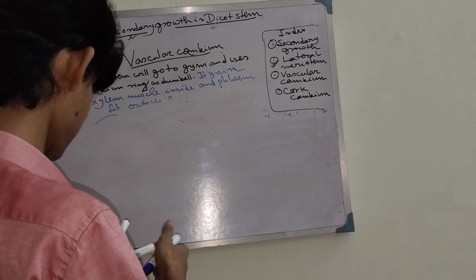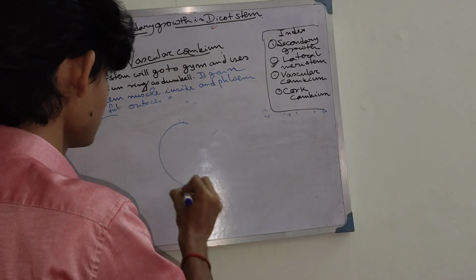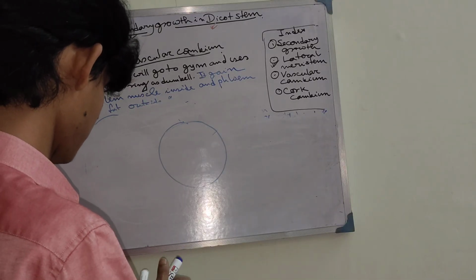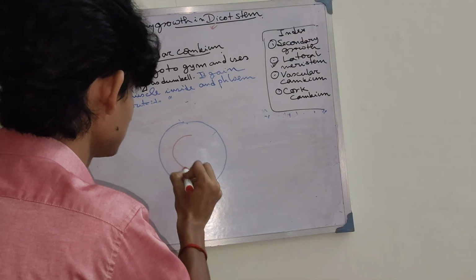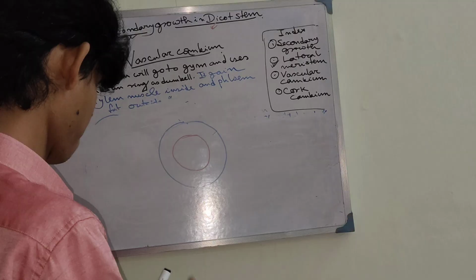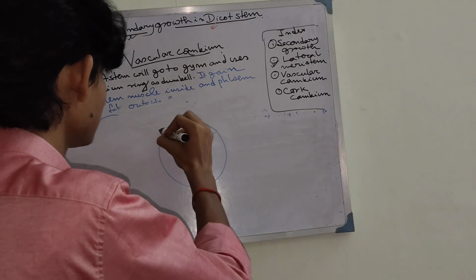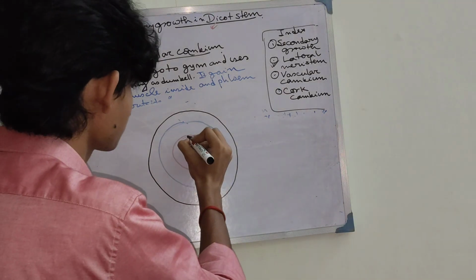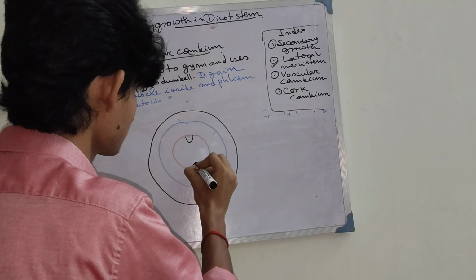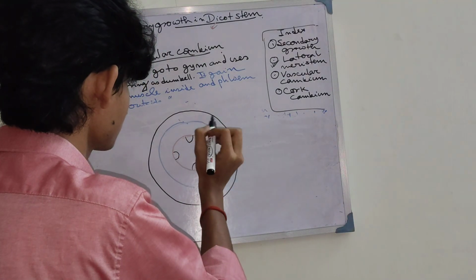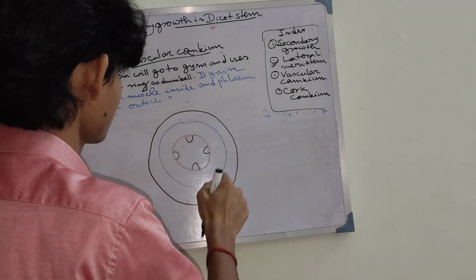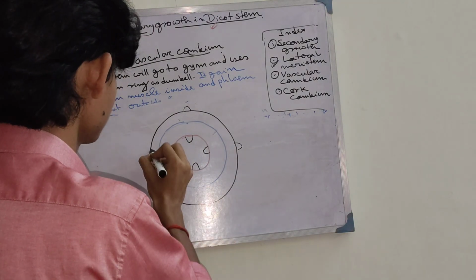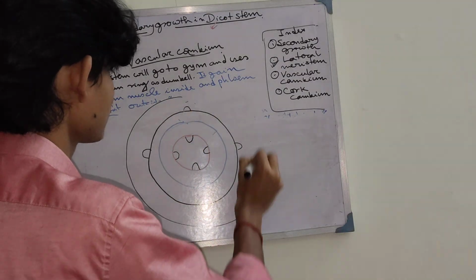Suppose this is the cambium ring, this is the xylem, this is the phloem, and this is the epidermis.